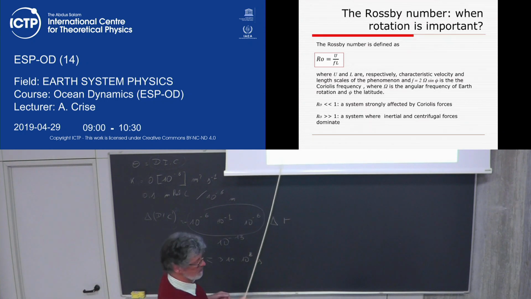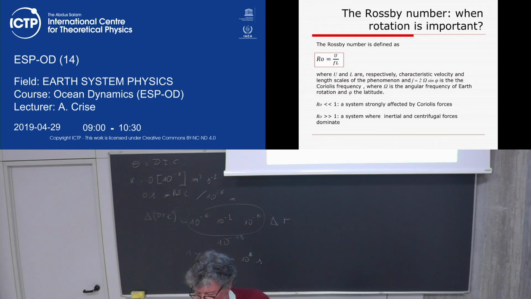U, which is the typical velocity of a current in the ocean, in your opinion? 1 meter per second, good. And L? 1,000 kilometers. Yes.